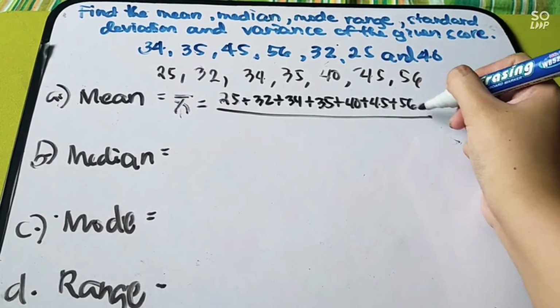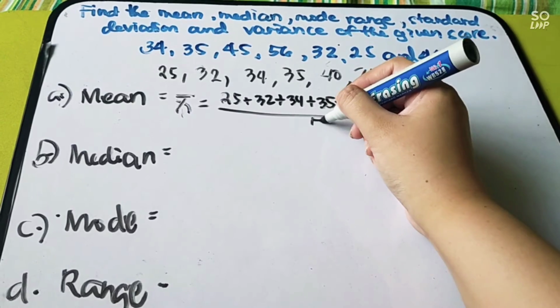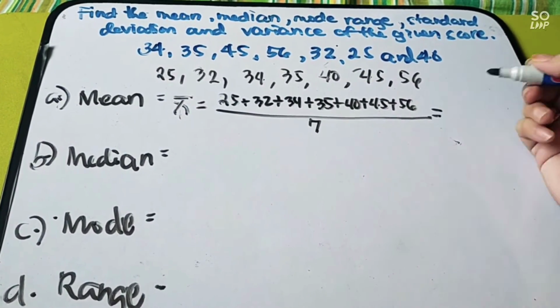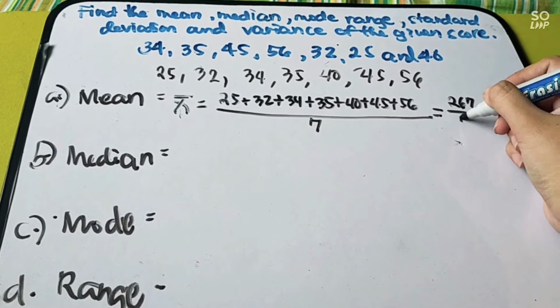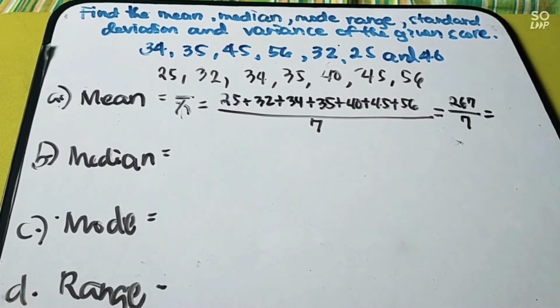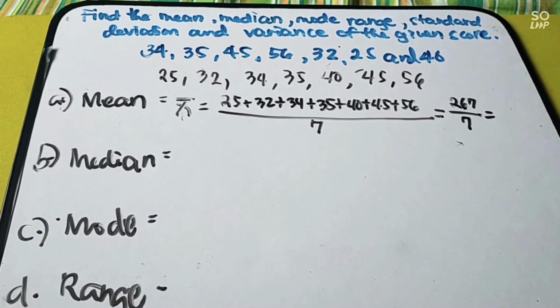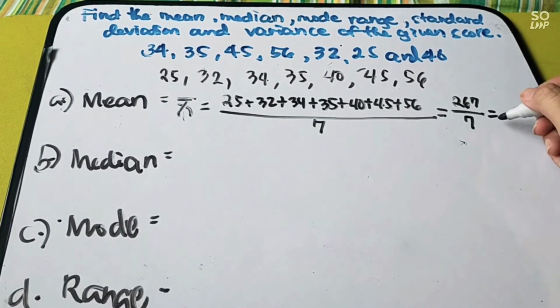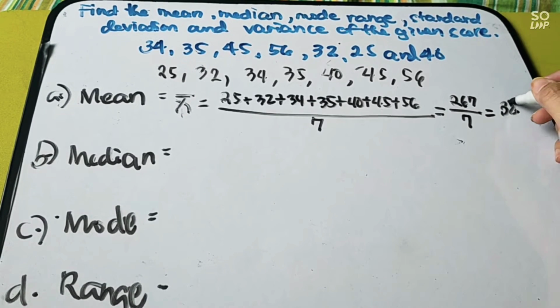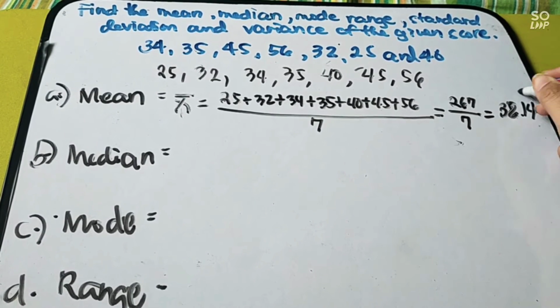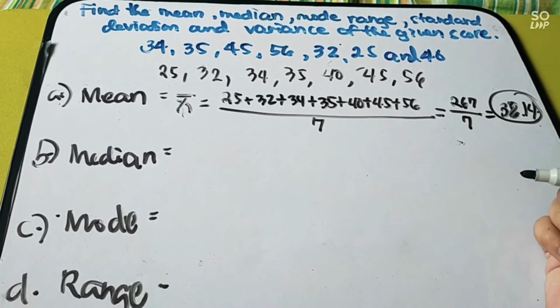Then, divide it in how many datas do we have? We have here 7. So, it is equal to 267 divided by 7. So, the answer here is 38.14. Okay, 38.14. So, this is now your mean score.